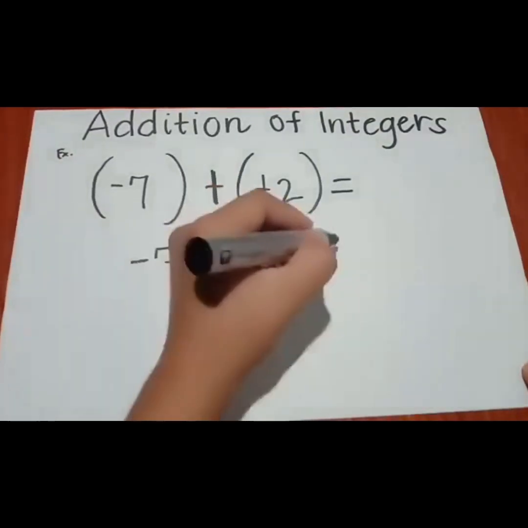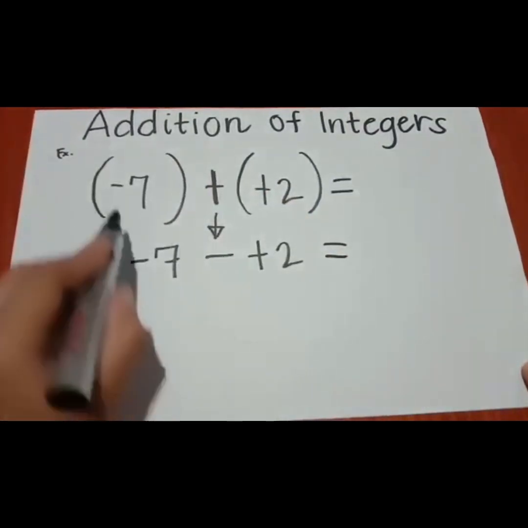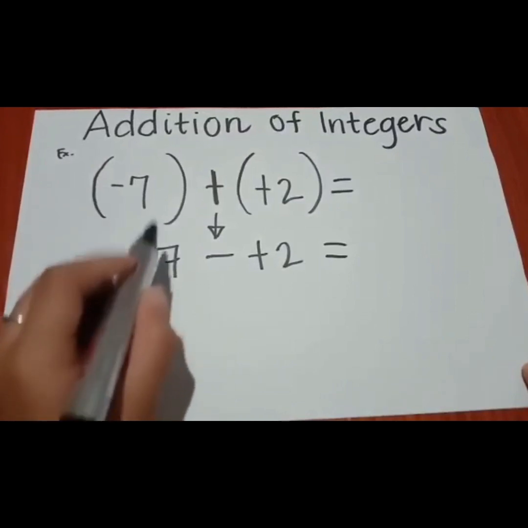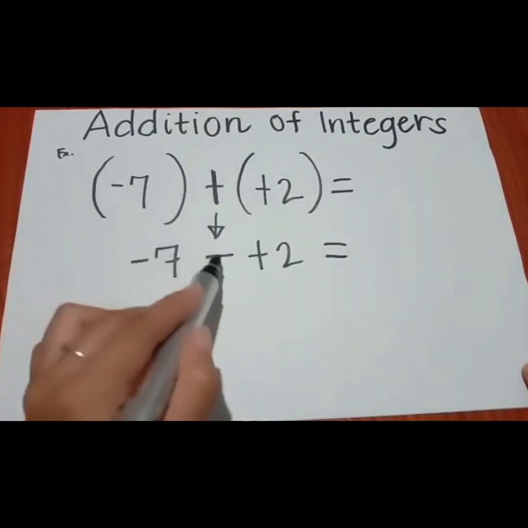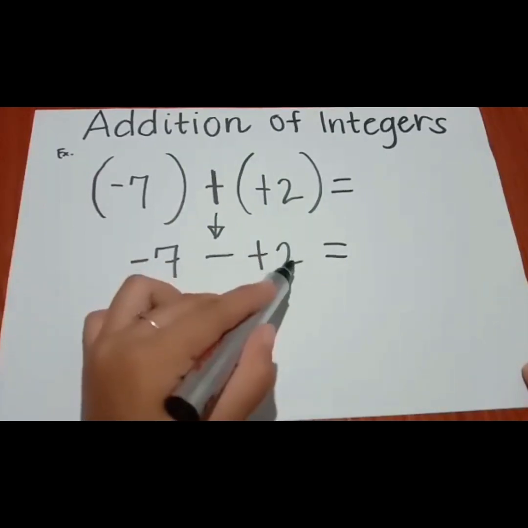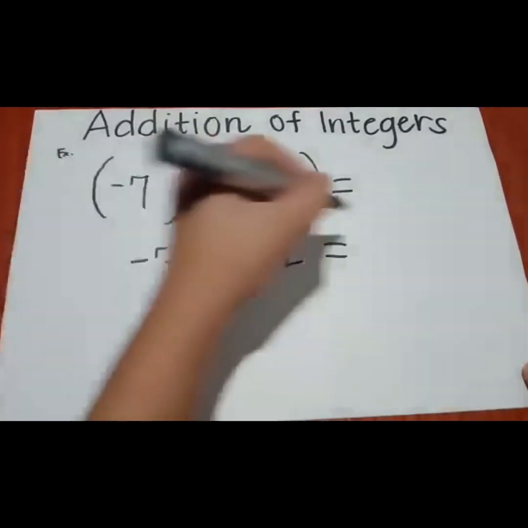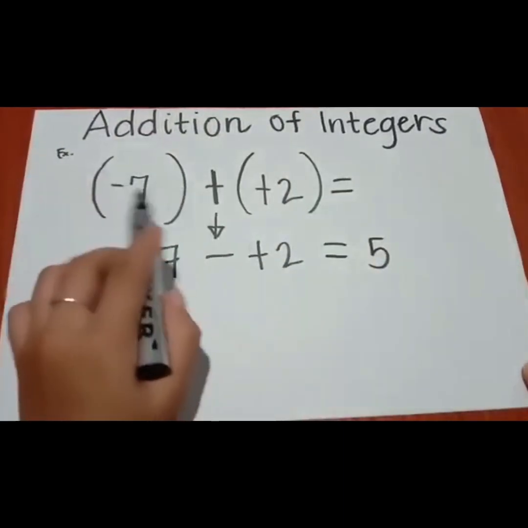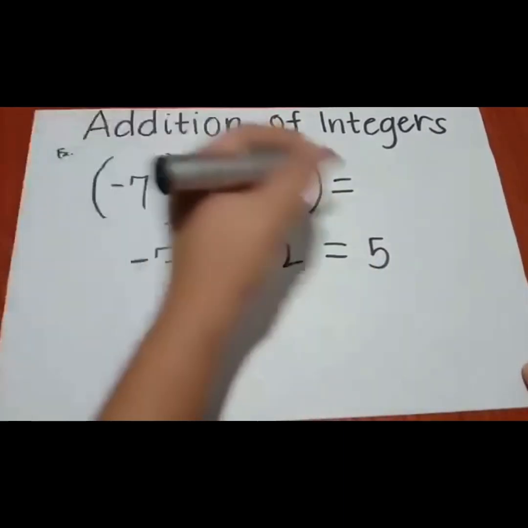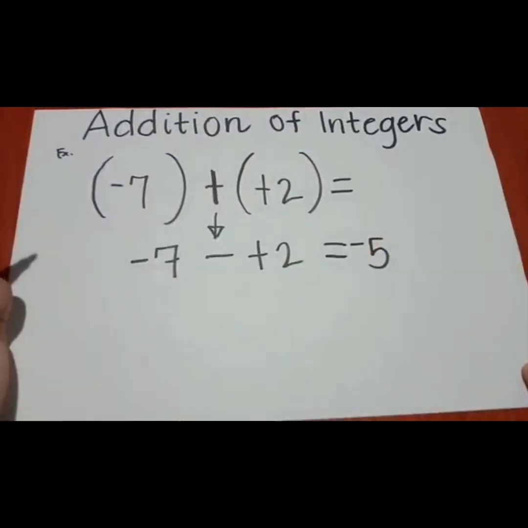So negative 7 minus positive 2 is equal to 5. So the 7 is the big number, so copy the negative.